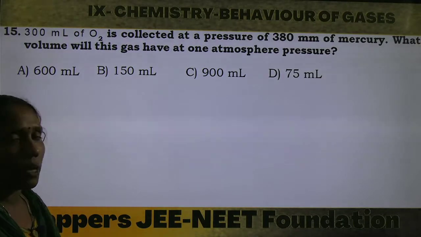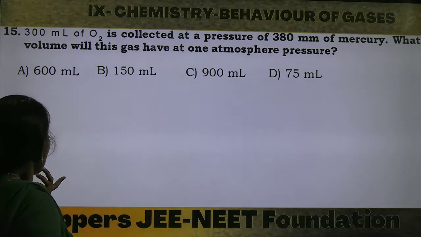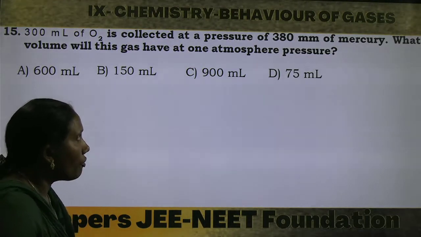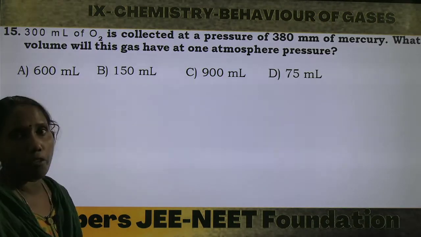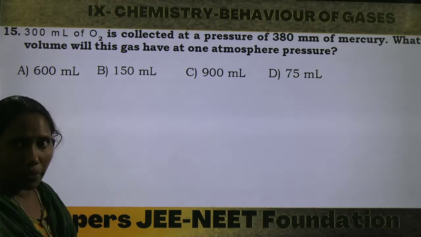Yes, see here, one more numerical. Let us see what problem is given here. 300 ml of O2 is collected at a pressure of 380 mm of mercury. So 300 ml is given.